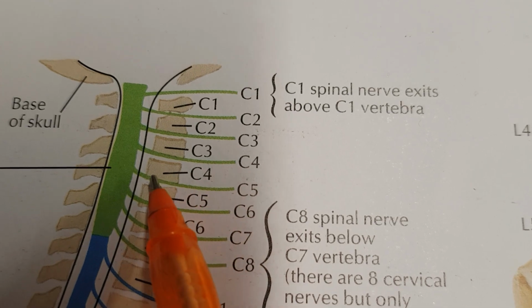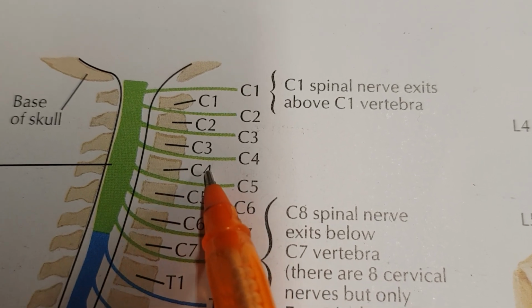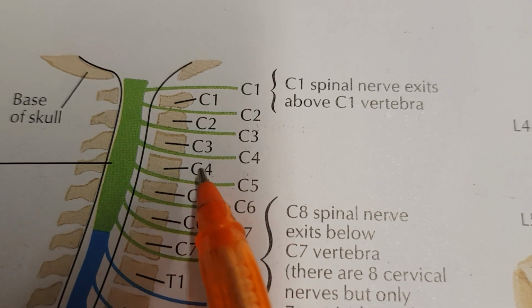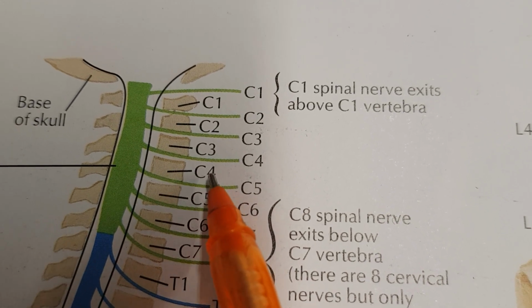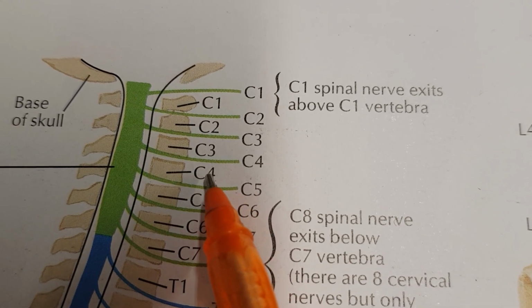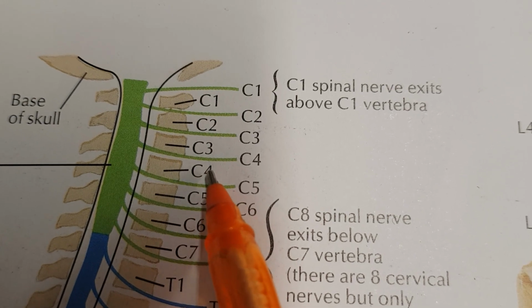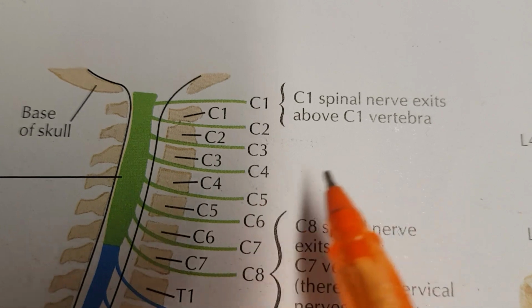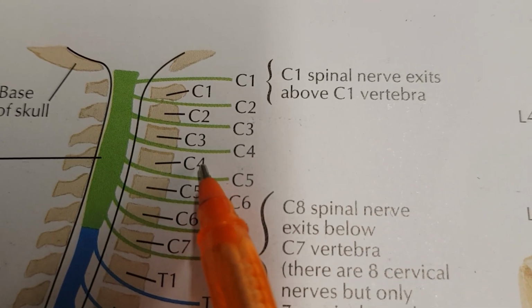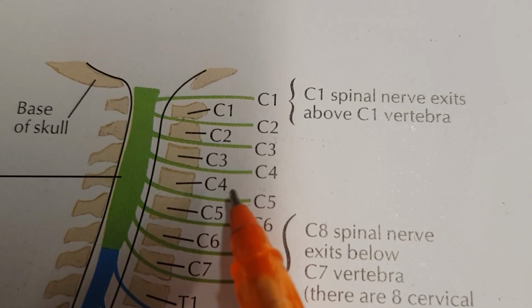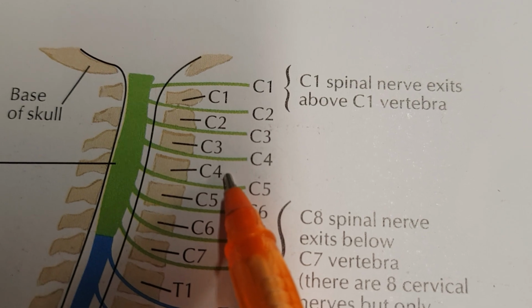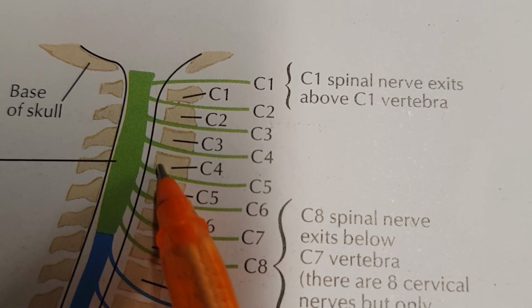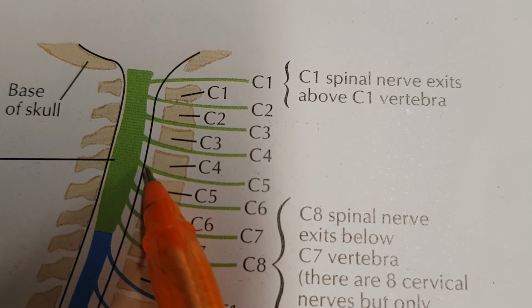If, let's say, in dermatome C4 there is decreased sensation or no sensation when you compare left to right, and when you test the shoulder elevation there is also weakness, then you can question the integrity of nerve root C4.